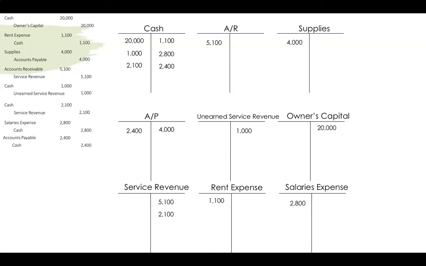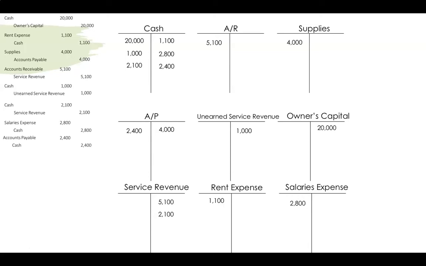So what we'll do here is we will take a look at our cash account by itself. We have 3 different debits and 3 different credits. Well, cash is an asset account. So those debits make your cash account increase. Those credits make your cash account decrease. So we'll add up all of the debits and subtract all of the credits, and then we'll be able to figure out the balance.